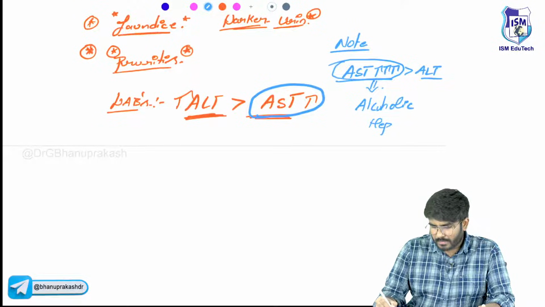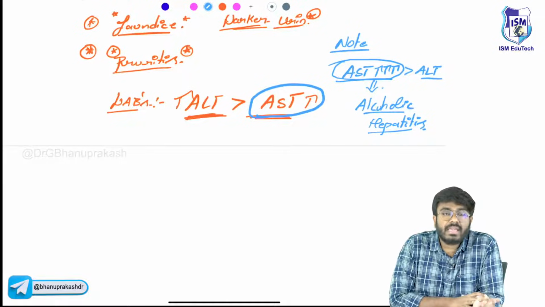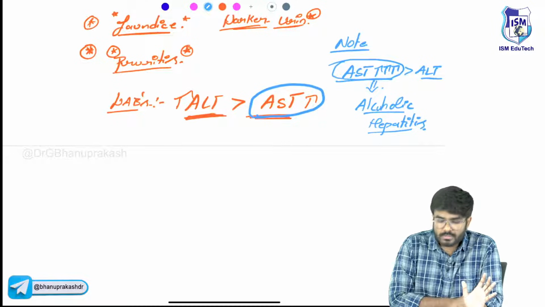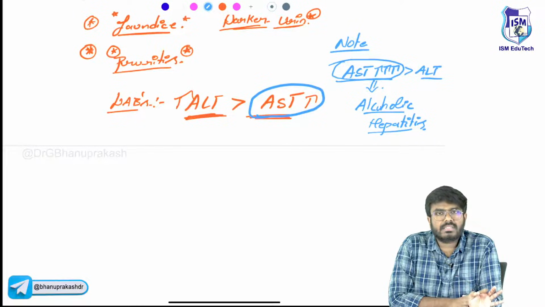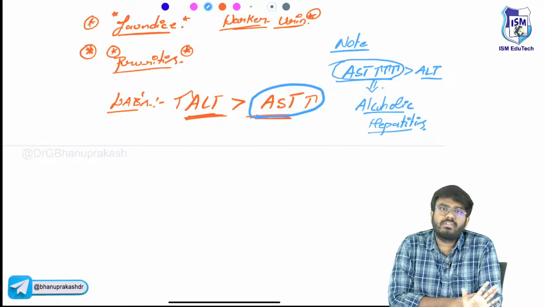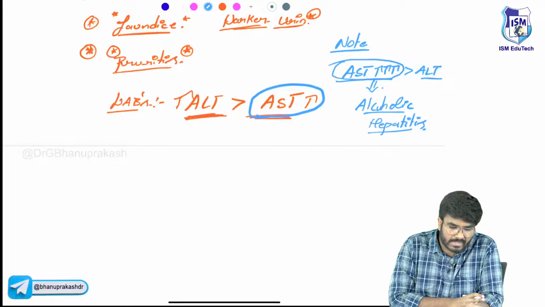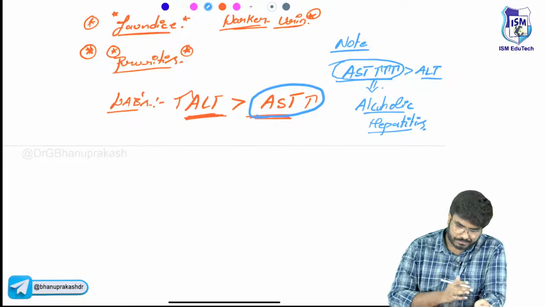So whenever you see AST levels more than ALT, just blindly answer alcoholic hepatitis. But usually in all types of hepatitis, the ALT levels will be more, sir.